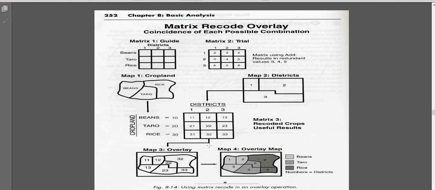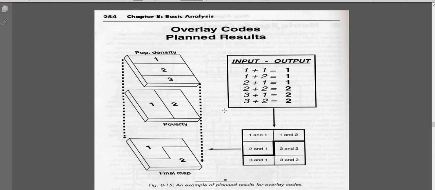Here we have matrix recode overlay, like we have districts and cropland, so this will be overlapped into this, and the final result will be like this, that rice includes district 2 and district 3, and beans include district 1, 2 and 3. You can overlap this one into this one and you can get this one. So this is also matrix overlay.